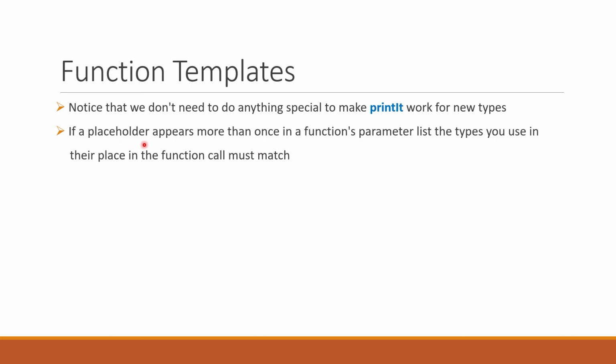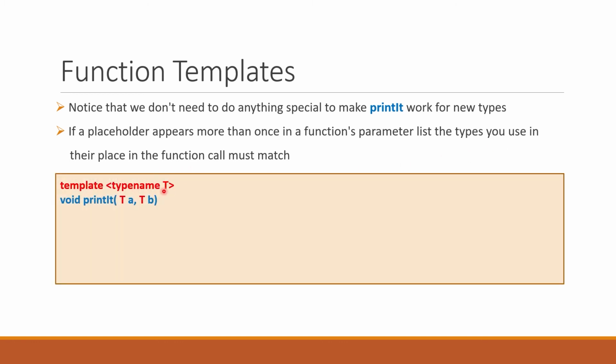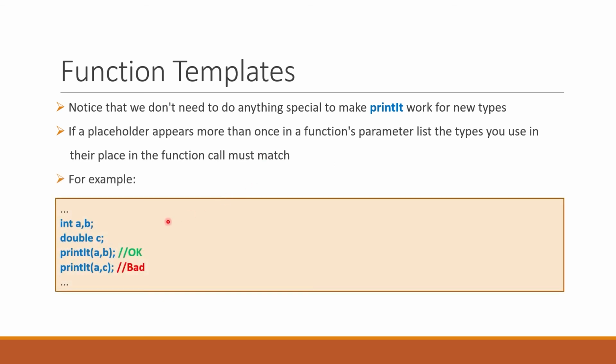If a placeholder appears more than once in a function's parameter list, the types you use in their place in the function call must match. So recall that printIt takes 2 parameters of this T placeholder type that we're using. So if I have integers a and b and a double c, it is okay for me to call printIt and pass it the 2 integers because that data type matches here.